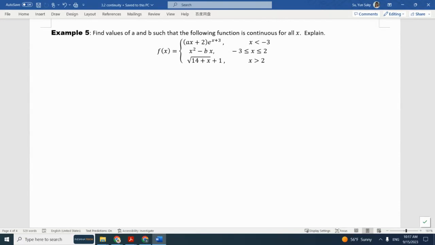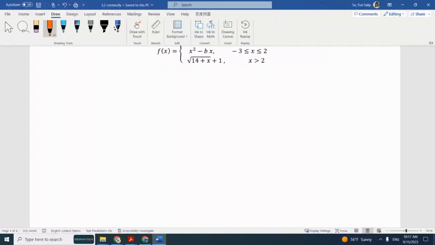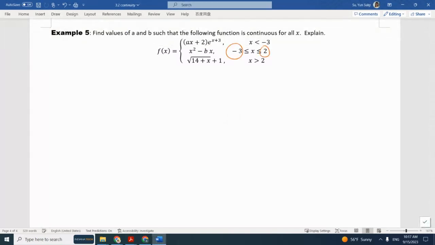All right. So let's set up the interval. So we have -3 and 2. So -3 and 2 is what we check. So limit as x goes to -3 from the left, you want to figure out what that is. And also limit as x goes to -3 from the right, you want to figure out what that is.